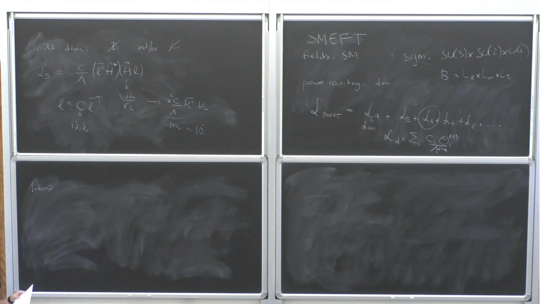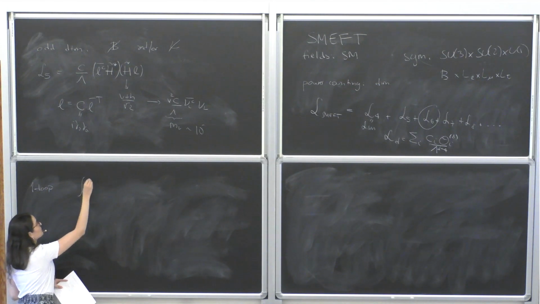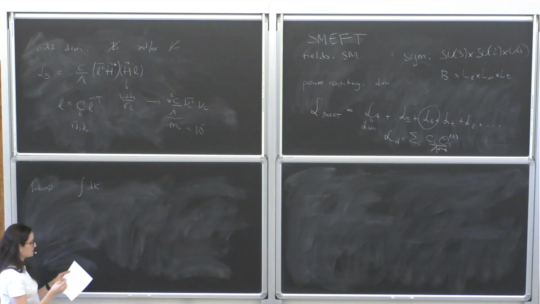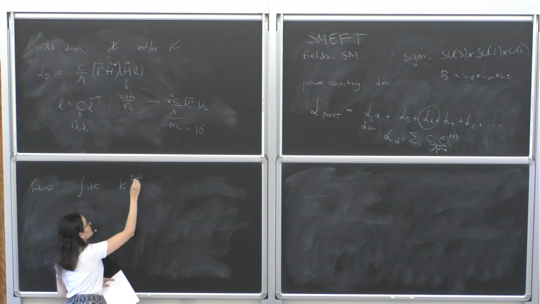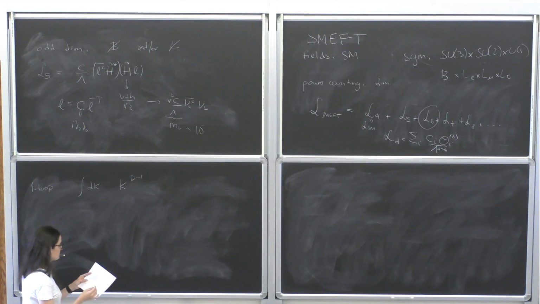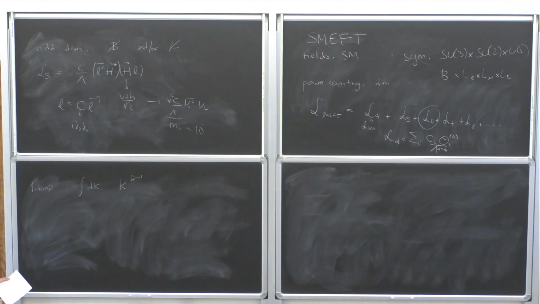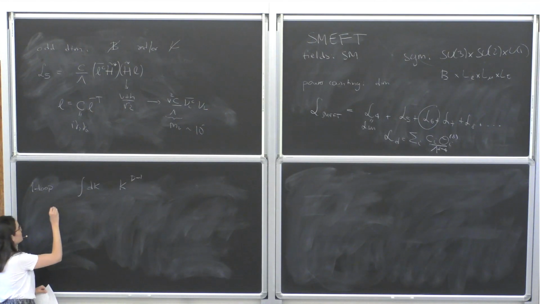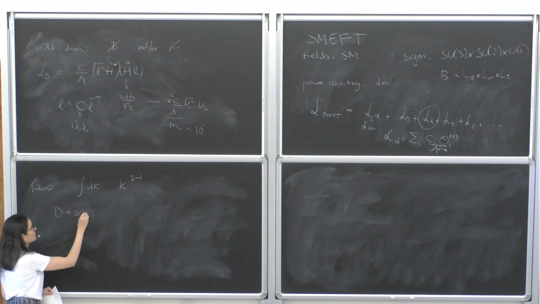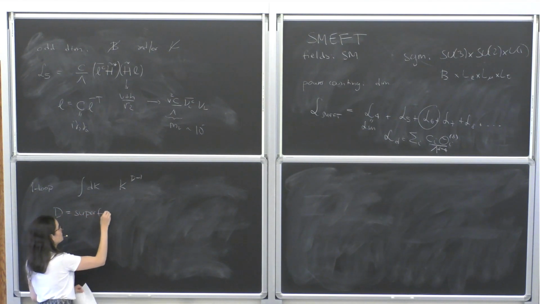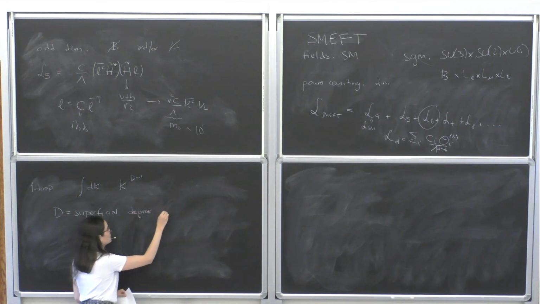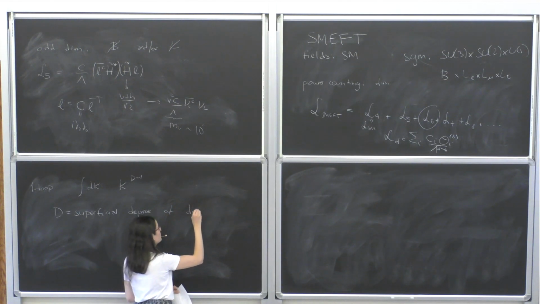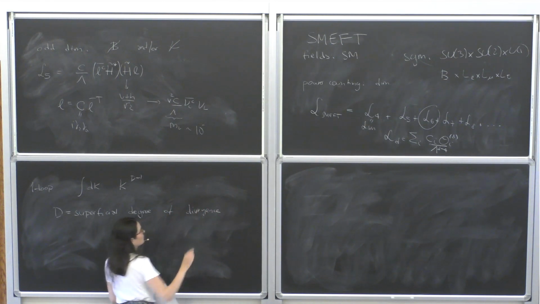When you have one loop, what happens is that you always end up calculating some integral with some loop momentum, and the loop momentum enters in a diagram with some power that we're going to call d minus 1, and d is the superficial degree of divergence of a diagram.